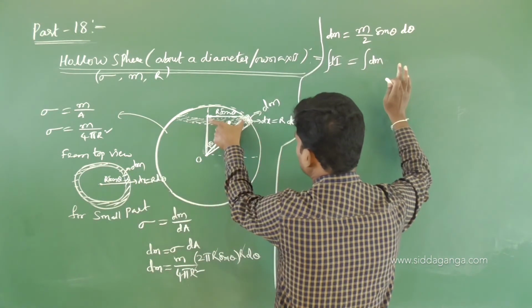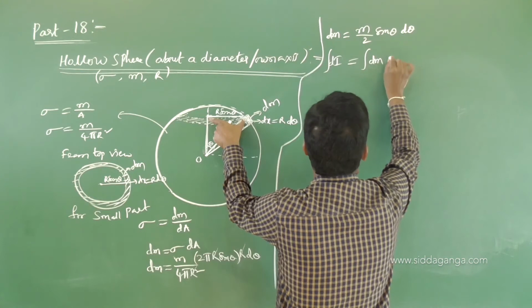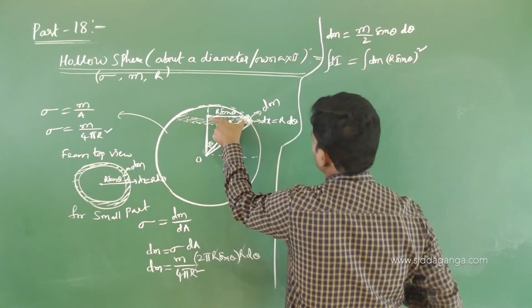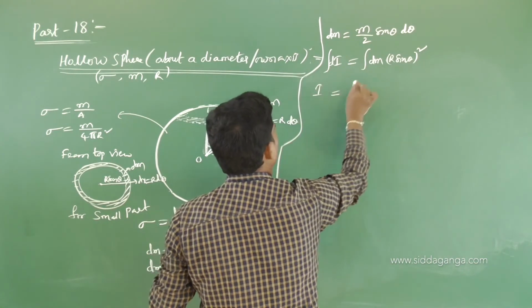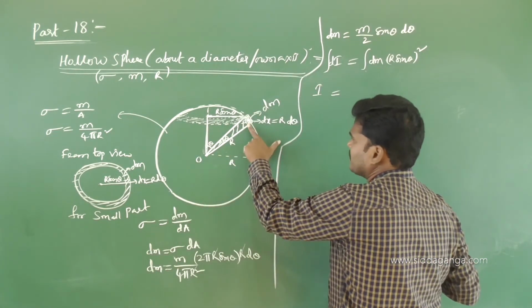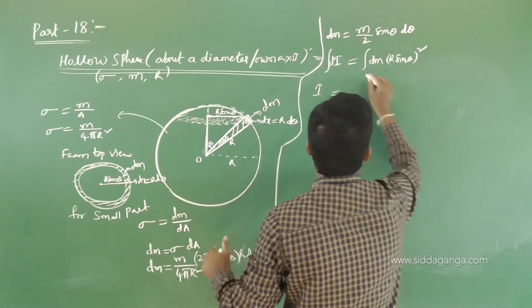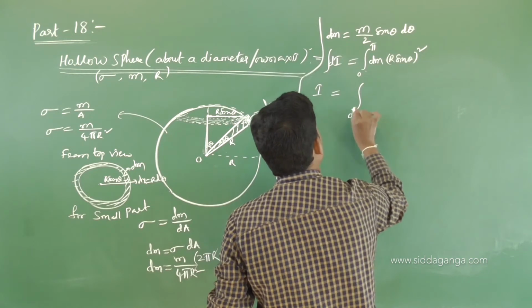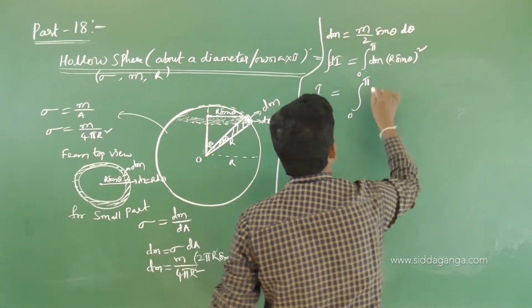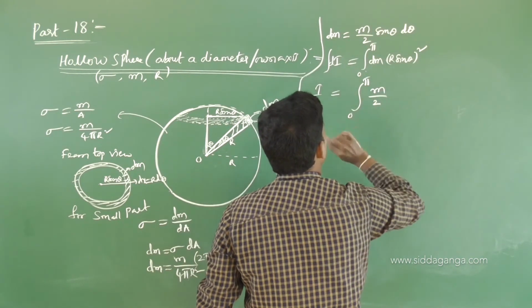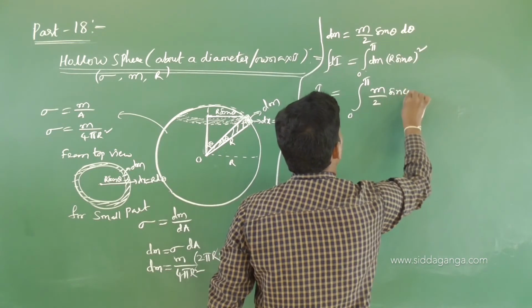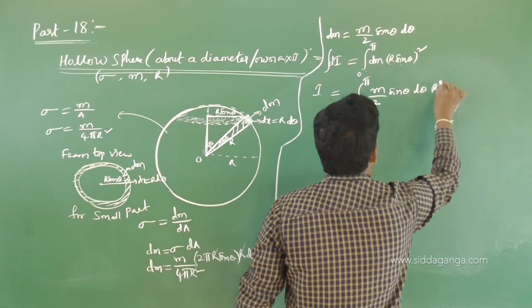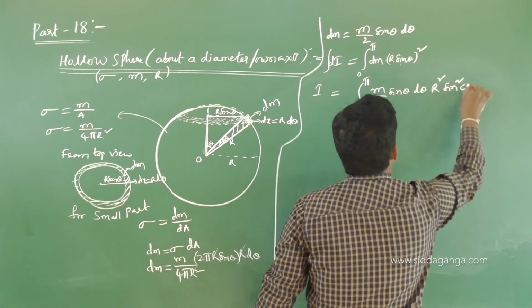What is this x component? x is nothing but r sin theta, squared. And the limits: we can take this element from here to here, so the limits are 0 to pi. Integration from 0 to pi. Substitute the value of dm: m by 2 sin theta d theta, times r square sin square theta.